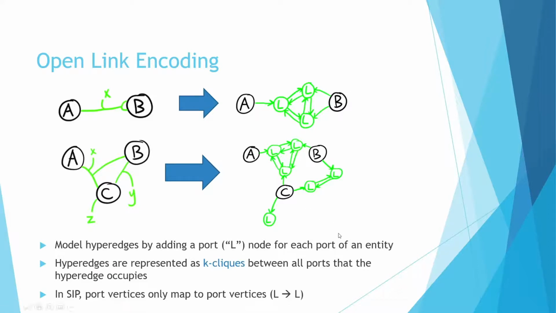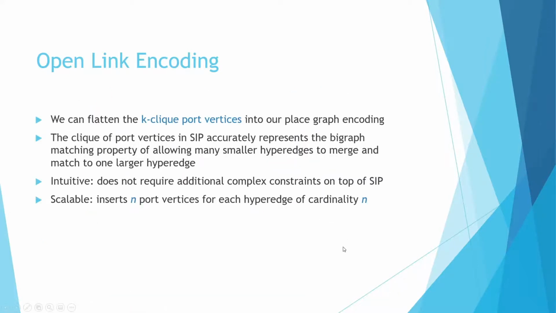We use this clique idea, and the reason why this works is we can flatten this port vertex and clique representation into our existing place graph encoding. This will accurately represent the bigraph matching property of merging, as you can match multiple smaller L nodes to the one larger clique when you do the matching.